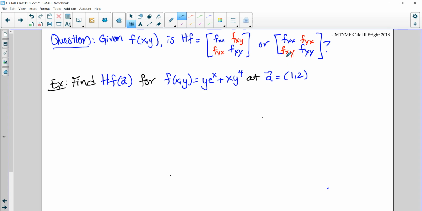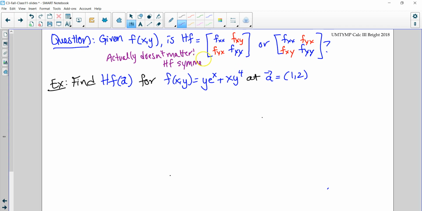Which one? Okay, and here's a surprise. It actually doesn't matter. The Hessian is symmetric.